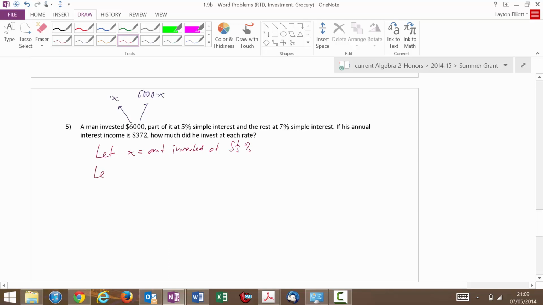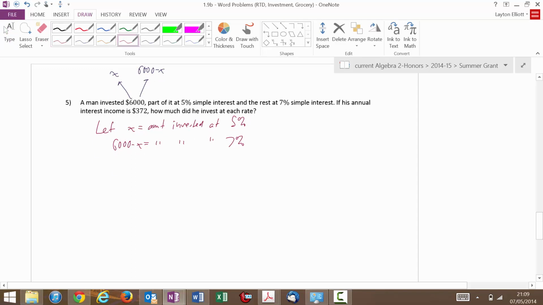And then I'm also going to say, well, I don't like to put "let" there, but we're going to say 6,000 minus x is the amount invested at 7%. Oops, and that wasn't 5.5%, that was just 5%. That makes this easier. The annual interest income is this.